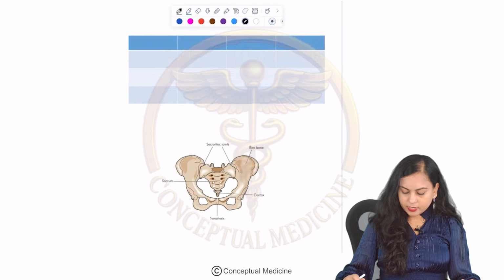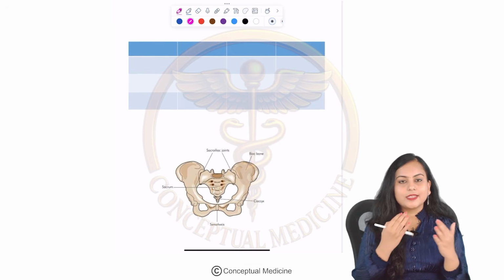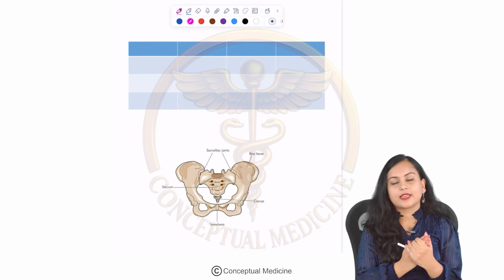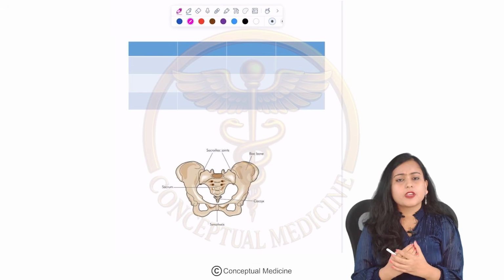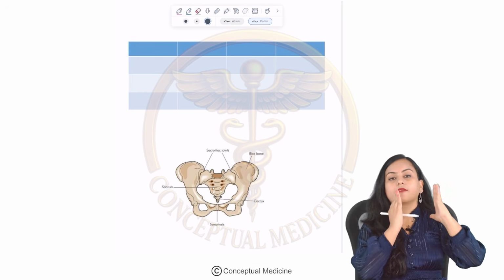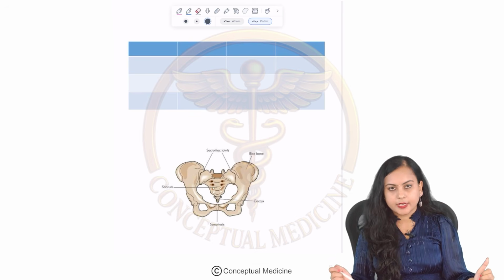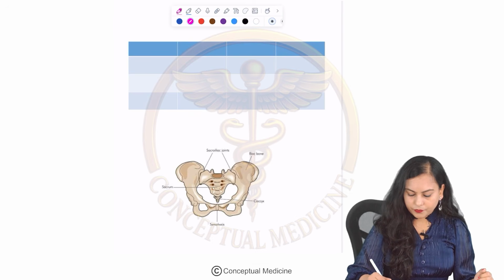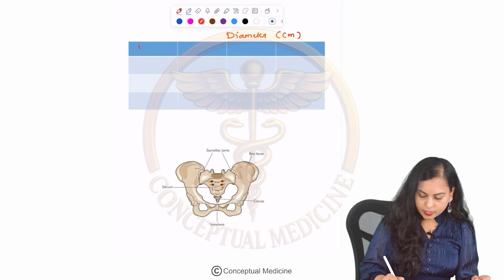Now, let us learn about the diameters, okay. You have to know that each level will be discussing about 3 diameters, okay. One will be your anteroposterior diameter, another one will be your transverse diameter and another one will be your oblique diameter, and it will be learnt at the level of inlet, at the level of mid pelvis or cavity and at the level of outlet. Clear? Right. Now, we are going to talk about the diameters in centimeters and the pelvis, okay.